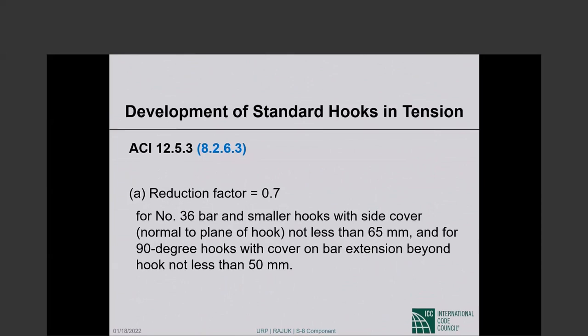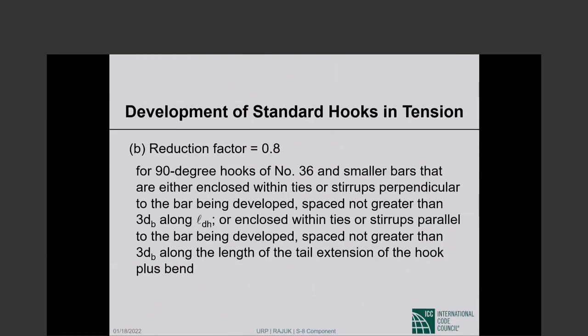Okay, then so that's one scenario. You may have a reduction factor of 0.8 for 90-degree hooks of number 36 and smaller bars that are either enclosed within ties or stirrups perpendicular to the bar being developed, spaced not greater than 3 diameters along l sub dh, or enclosed. This reading is too much.